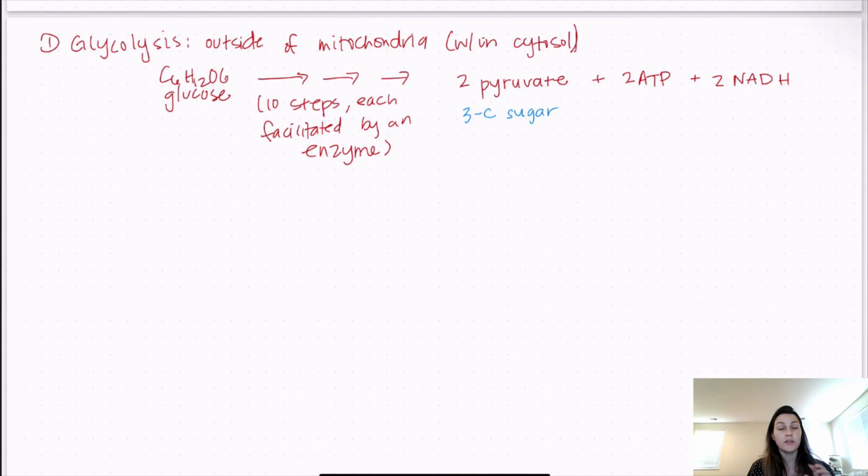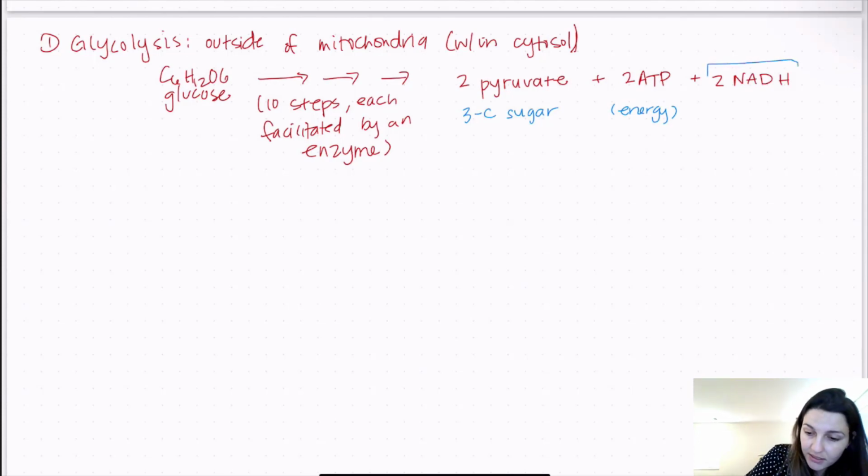So if glucose is a 6-carbon sugar, we're breaking glucose basically in half into 2 3-carbon sugars. We get ATP, that's energy. But we also get NADH. NADH, similarly to ATP, has some energy we can use later.